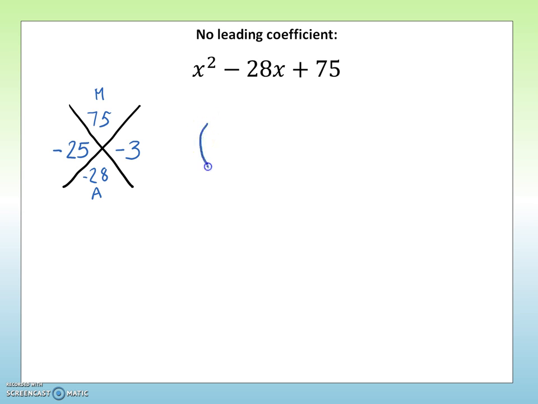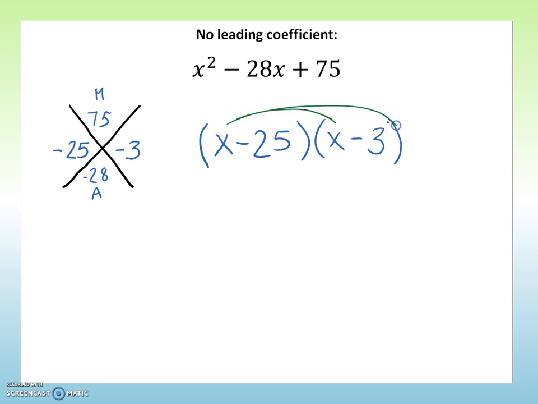We write our final answer as x minus 25 times x minus 3. Right? So we broke our trinomial down into the two factors that if you multiply it together, you would get x squared minus 28x plus 75.